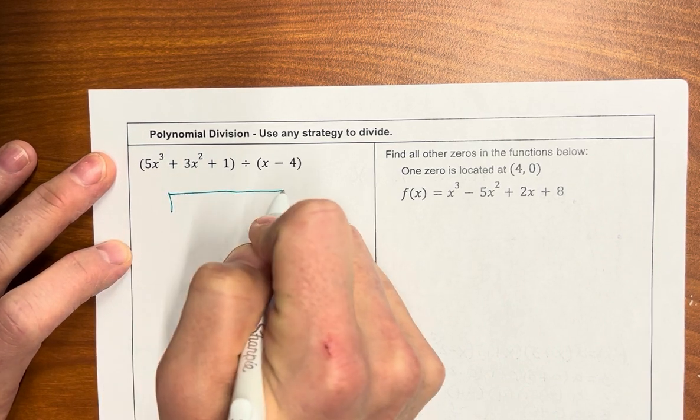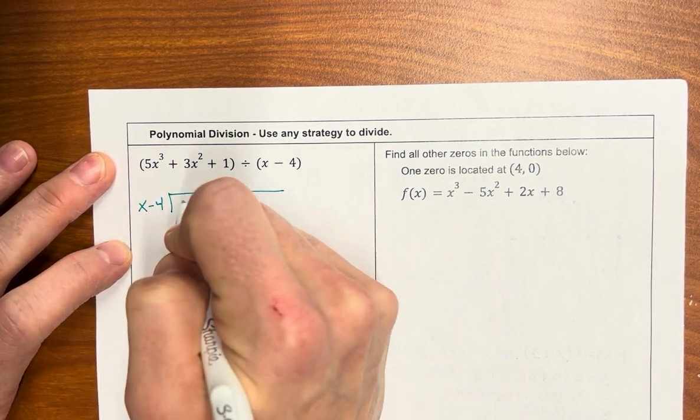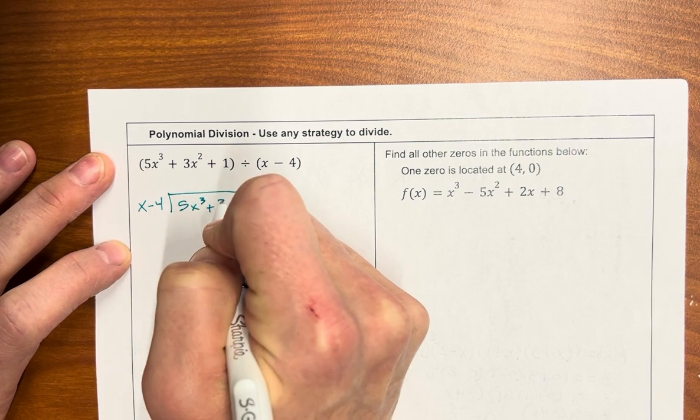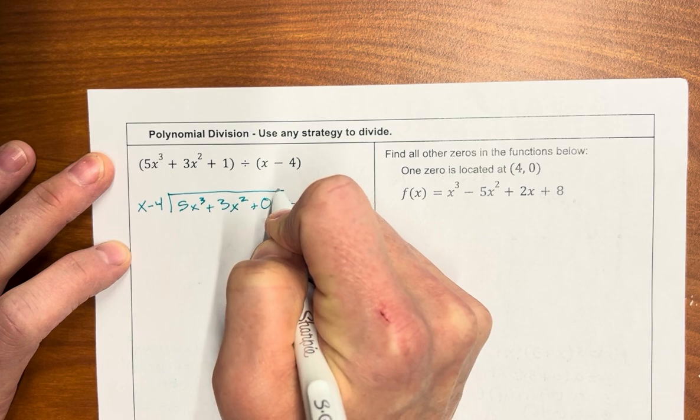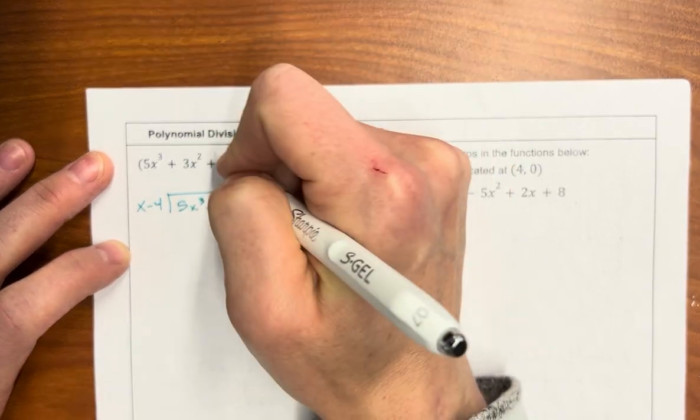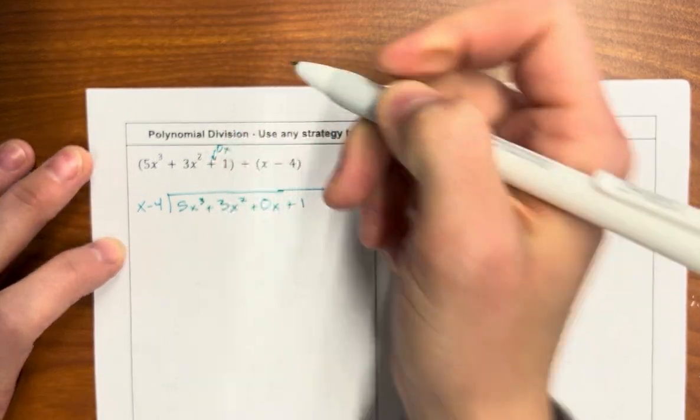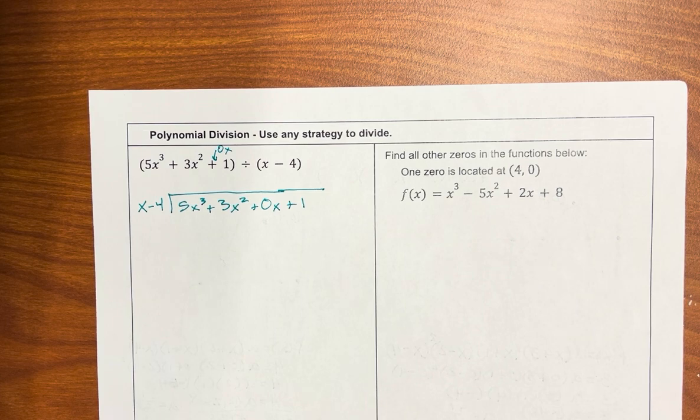When I set this up, I have x minus 4 on the outside, and 5x cubed plus 3x squared plus 0x plus 1. It's super important to add that missing degree of x, because it should always go from the highest power all the way down to the constant. So it should go third, second, first, and constant.